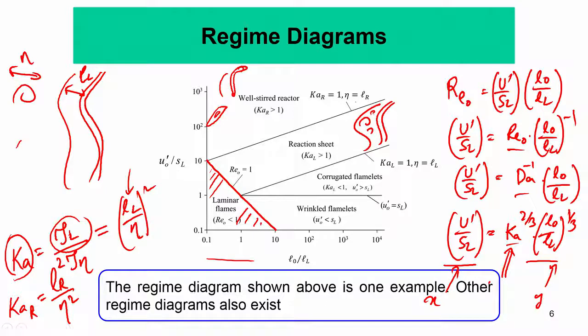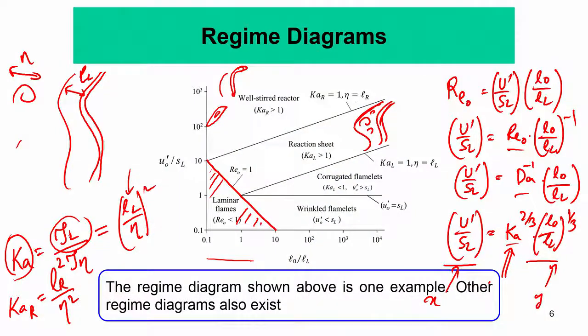But since the reaction zone thickness is still much smaller than the Kolmogorov sized eddies, the reaction zone structure remains undisturbed. Okay. And the reaction zone structure resembles that of a laminar flame, which is not disturbed. It can be bent, but the structure is not disturbed, and as such we can still approximate it using the reaction sheet limit.